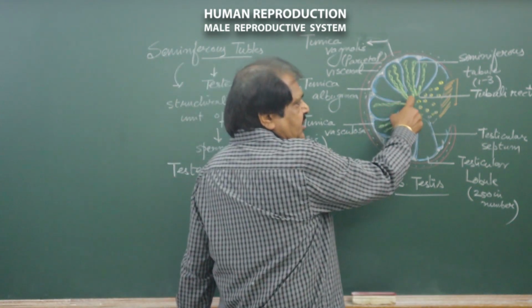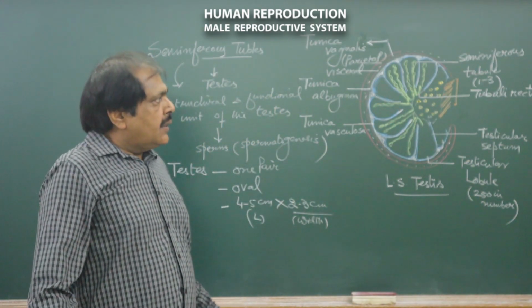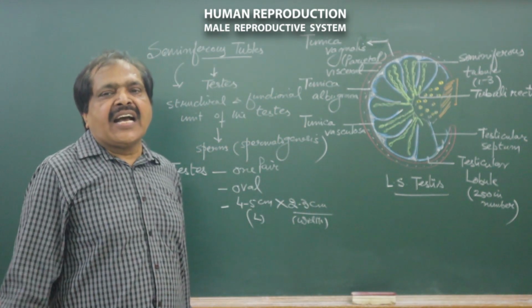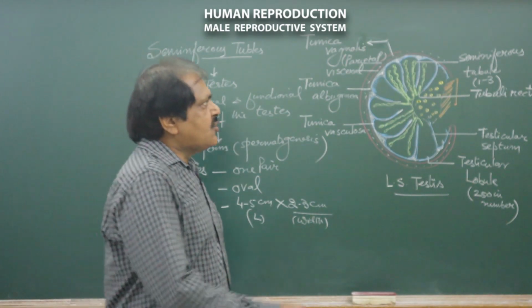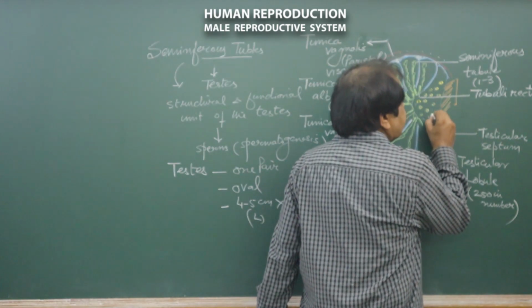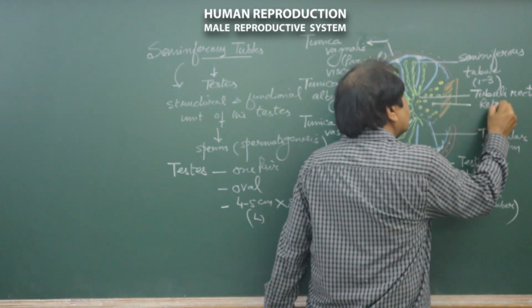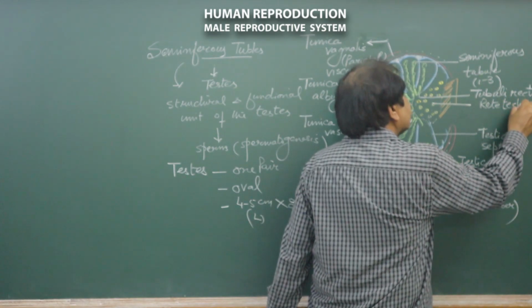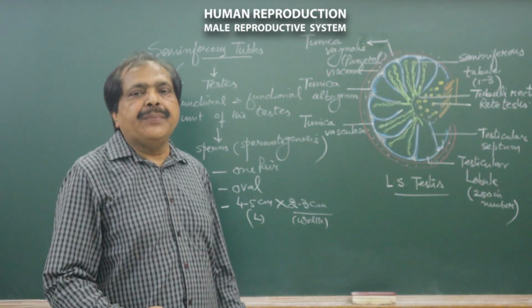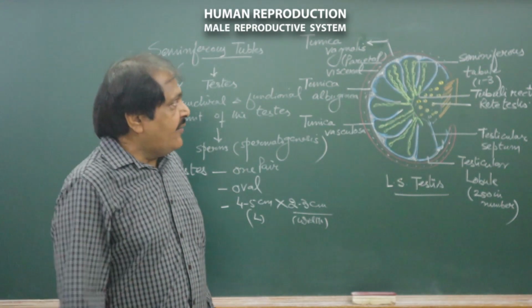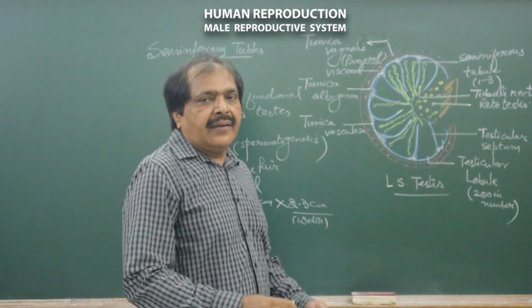Now these structures at the end enter a network of structures that is called rete testis. It is a network of tubules in which these straight parts of the seminiferous tubules open.